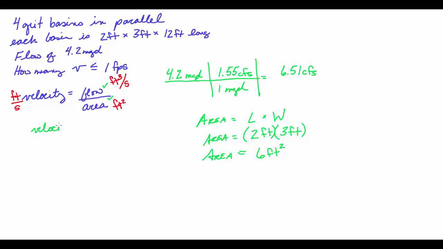Okay, so now we've got this piece also. So the velocity, if we put all of the flow through one grit basin, is going to be 6.51 CFS divided by 6 square feet.